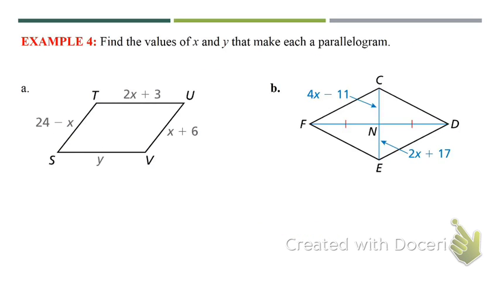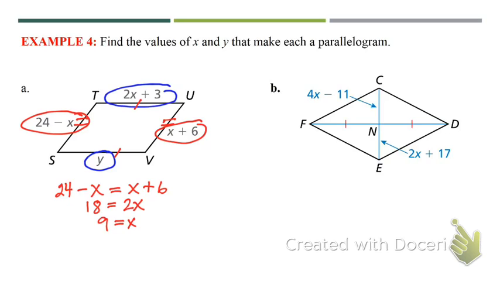In order for this to be a parallelogram, you need to have opposite sides congruent. So those two sides are congruent, those two sides are congruent, and that allows me to set up two equations and solve for x and y.